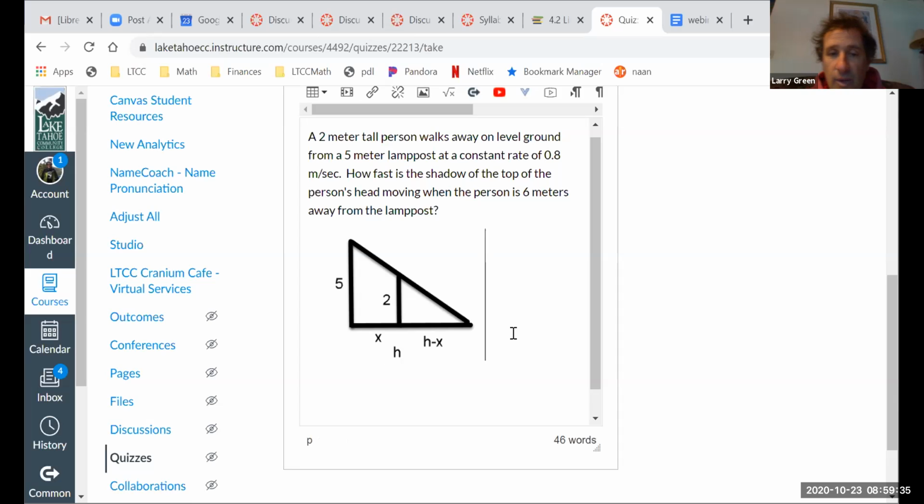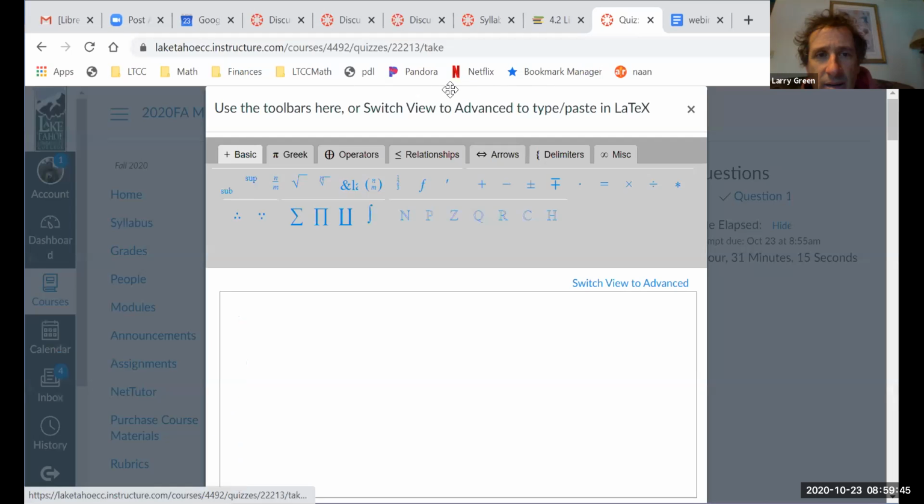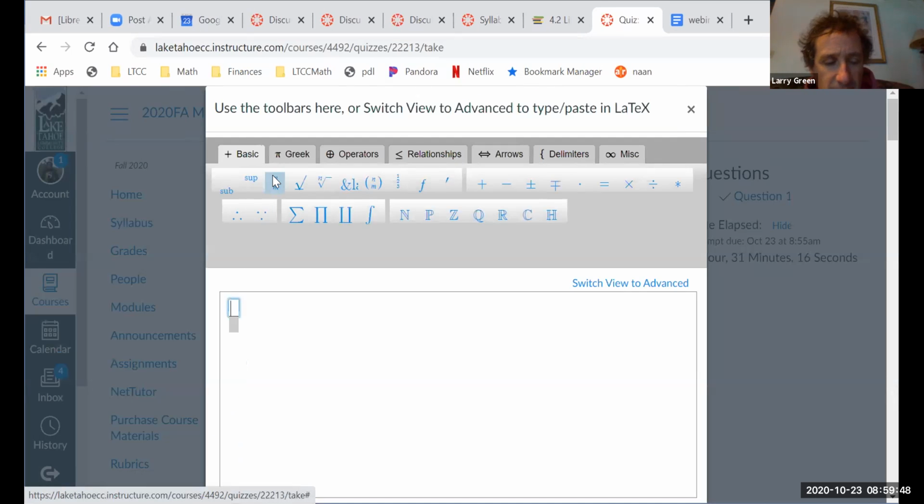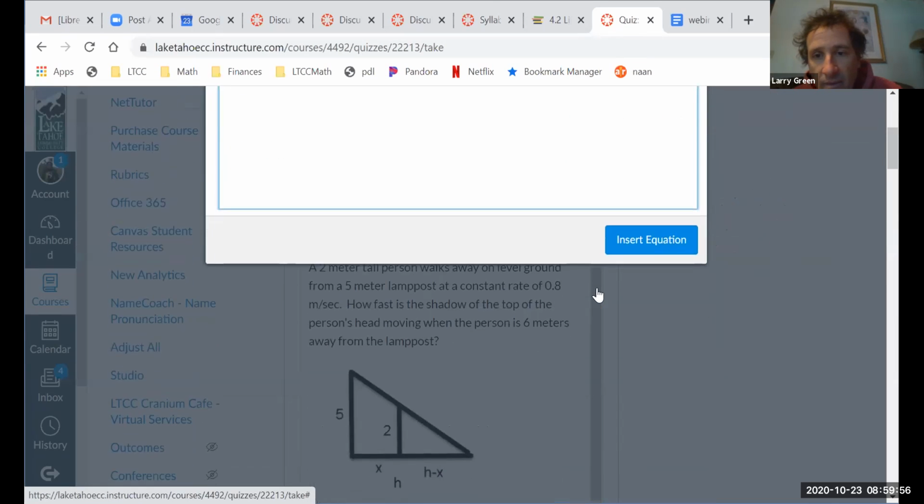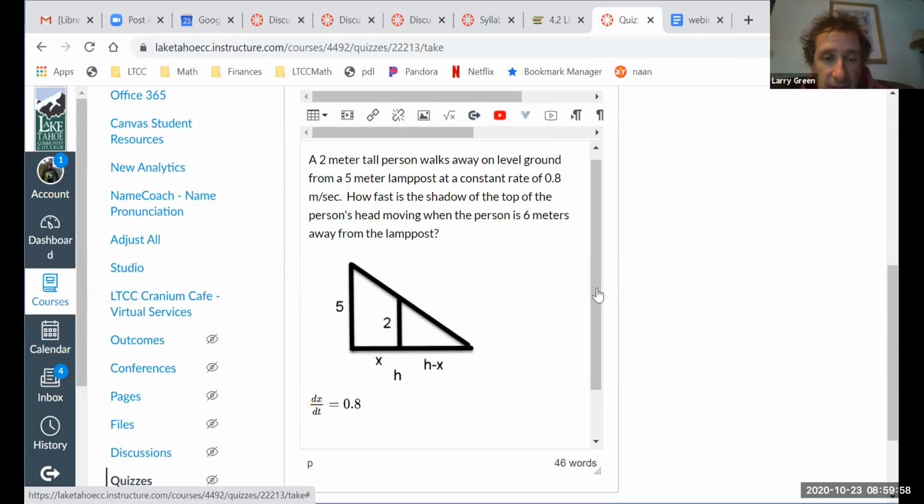So I can say dx over dt is equal to 0.8. Any questions so far?